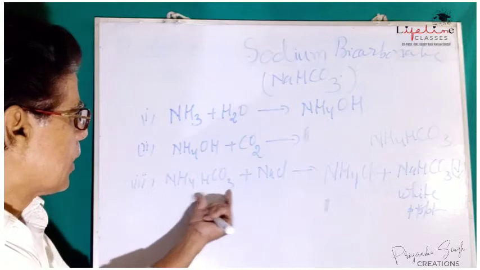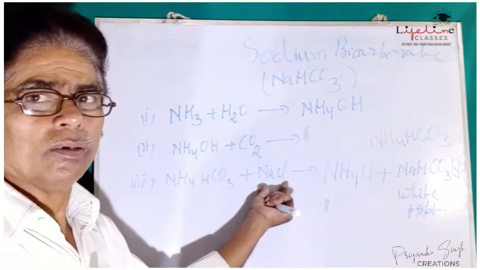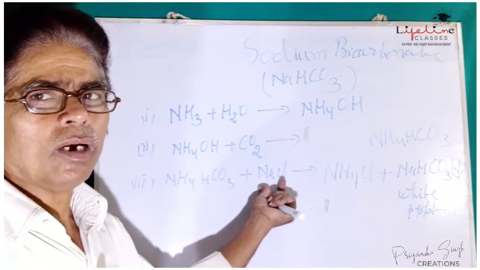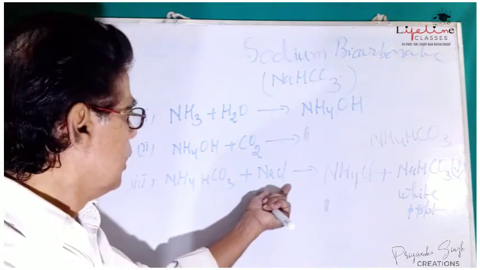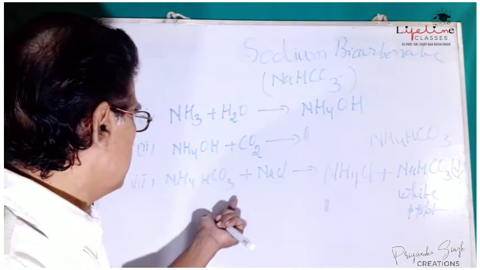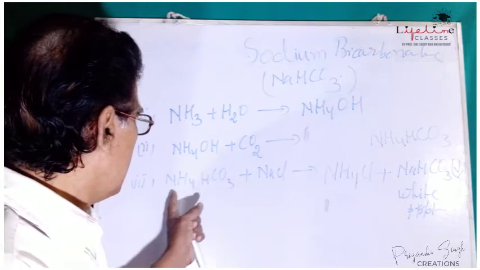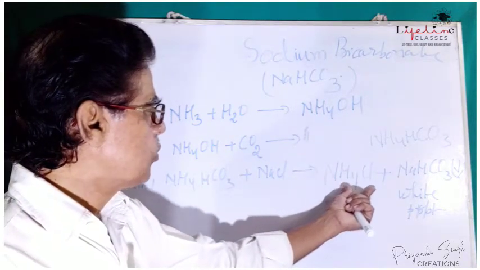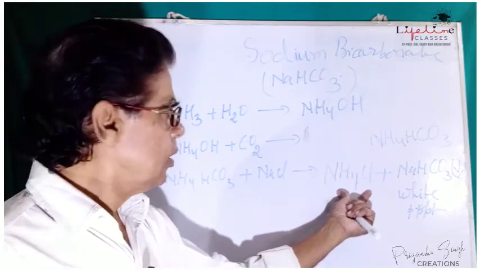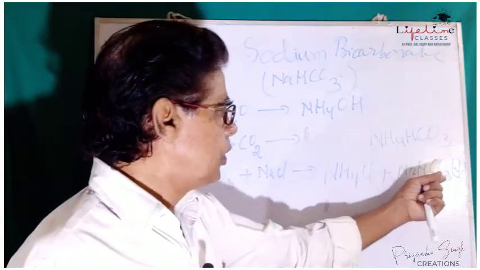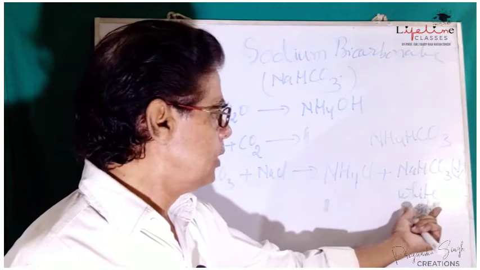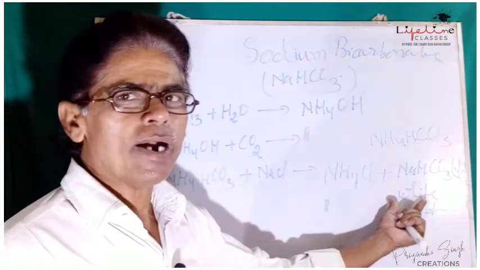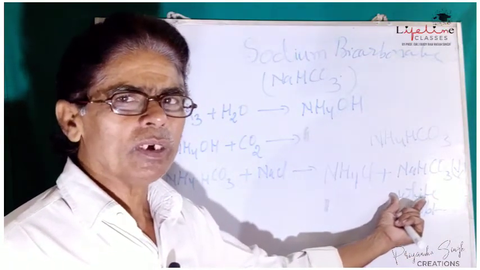Now this ammonium bicarbonate reacts with NaCl present in the brine and gives ammonium chloride, which is soluble in water, but NaHCO3, sodium hydrogen carbonate, is obtained as a white precipitate.